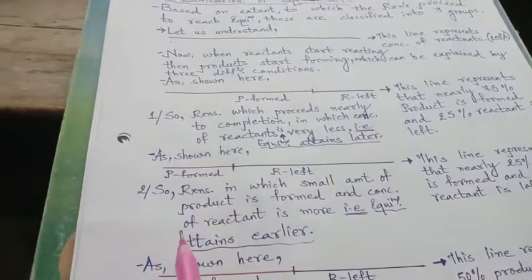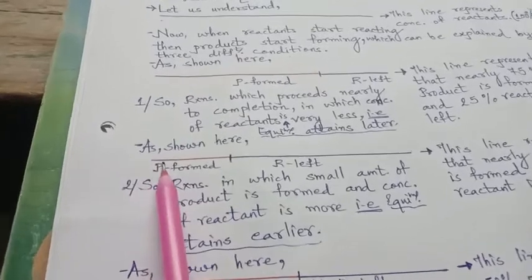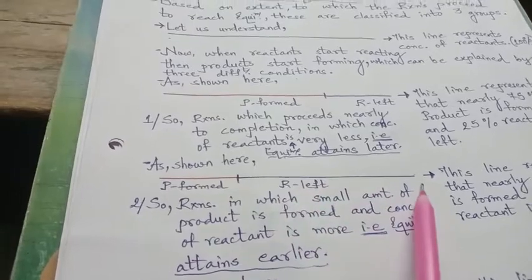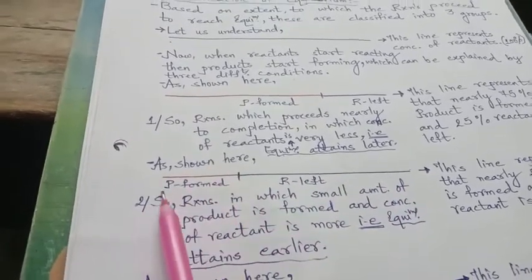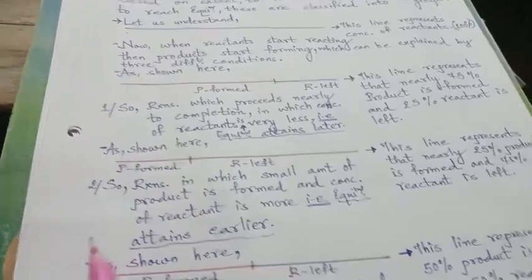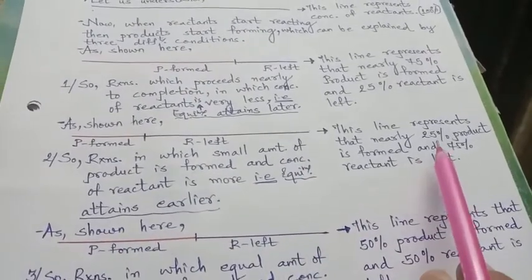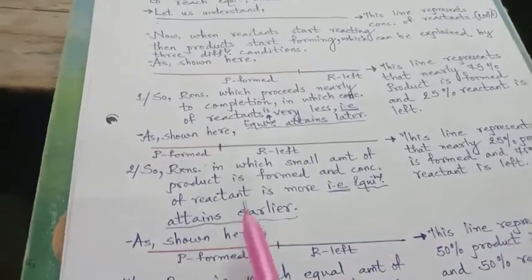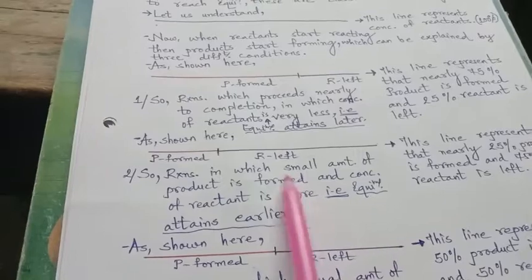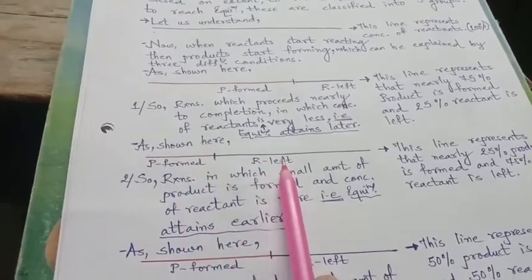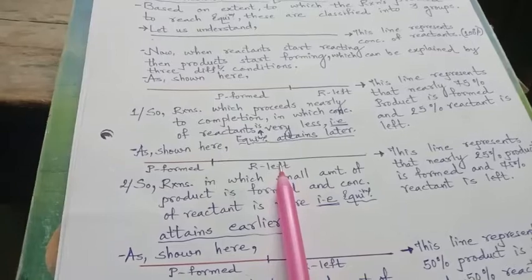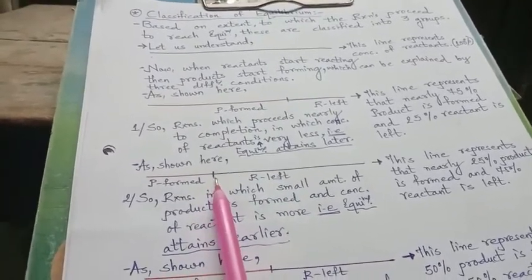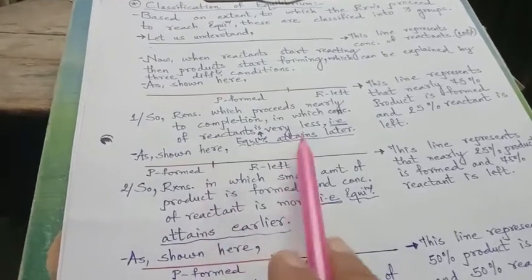Now the second condition. You see only this much is a red line. So only this much product is formed and this much reactant is left. It means a very small amount of reactant has undergone the reaction. This line represents nearly 25% product formed and 75% reactant left. So in these reactions, a small amount of product is formed and the concentration of reactant is more, which means equilibrium has been attained very early, so no more reactants are reacting.